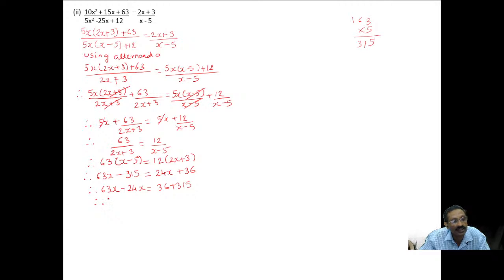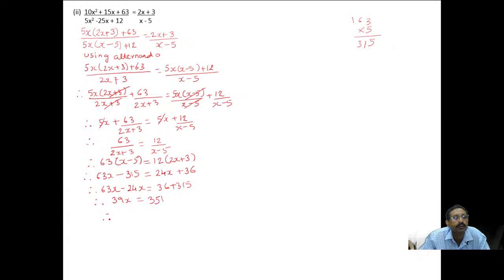Therefore, 63 minus 24 gives me 39x, which is equal to 36 plus 315, that is 351. So I get 39x is equal to 351.